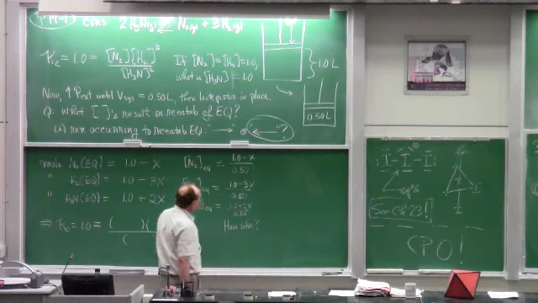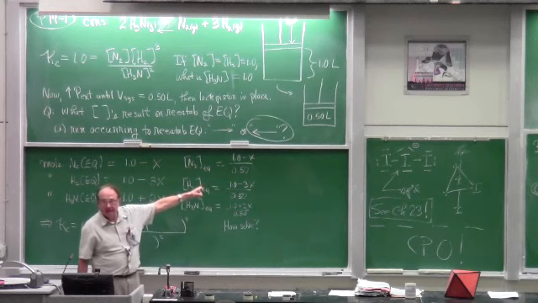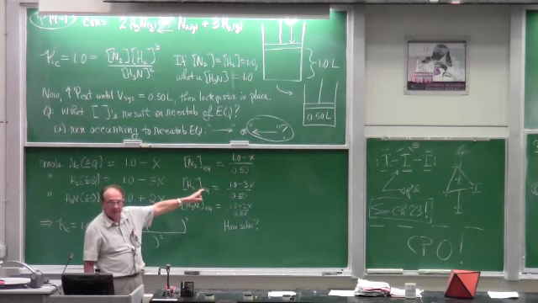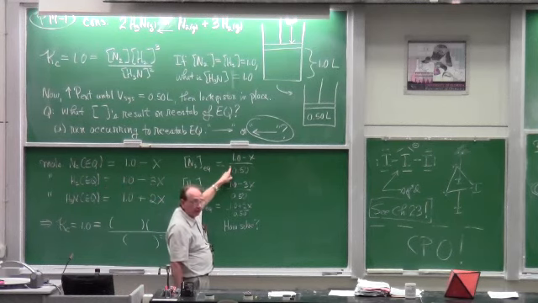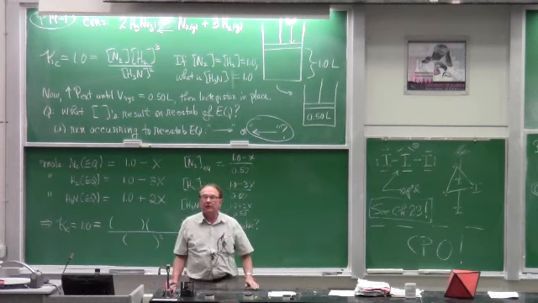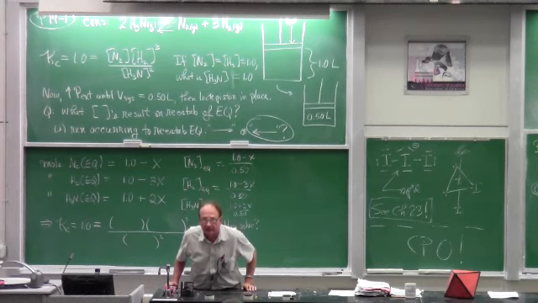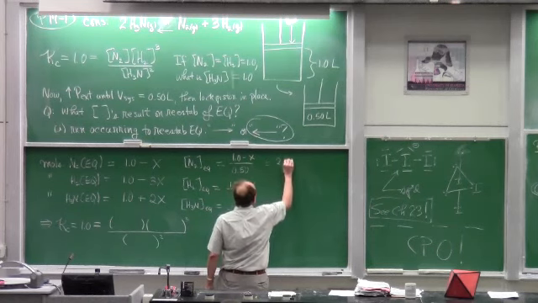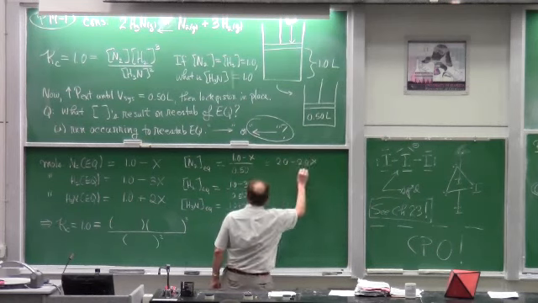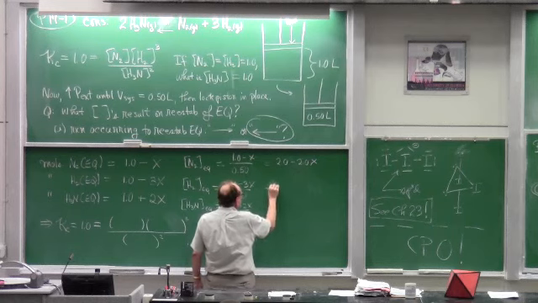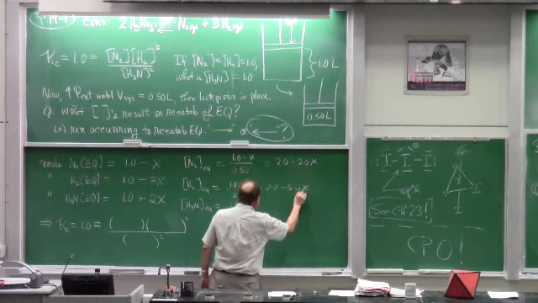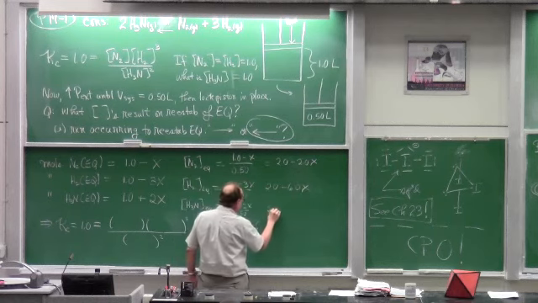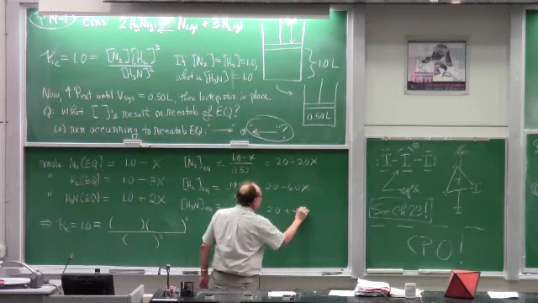Now myself, I don't like dealing with fractions. So I'm going to take this and divide through by 0.50. When you divide something by 0.50, what are you doing to that something? You're doubling it. So I'll rewrite this as 2.0 minus 2.0x. And this becomes 2.0 minus 6.0x. And this becomes 2.0 plus 4.0x.